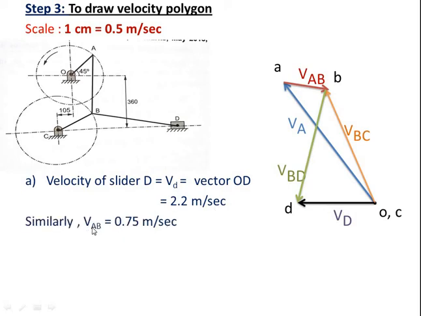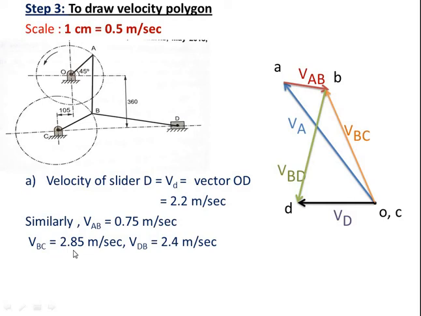Similarly, we can find the velocity of link AB. Measure this vector AB, the length from point A to B. This distance into scale will give you the velocity of AB, that is 0.75 meter per second.